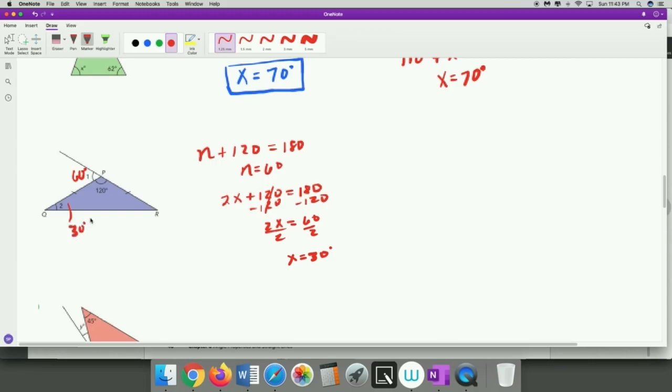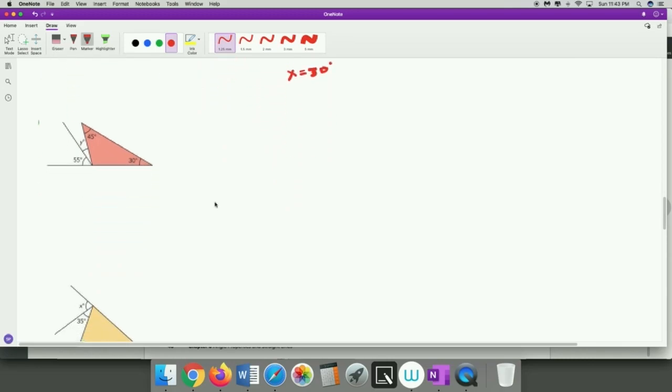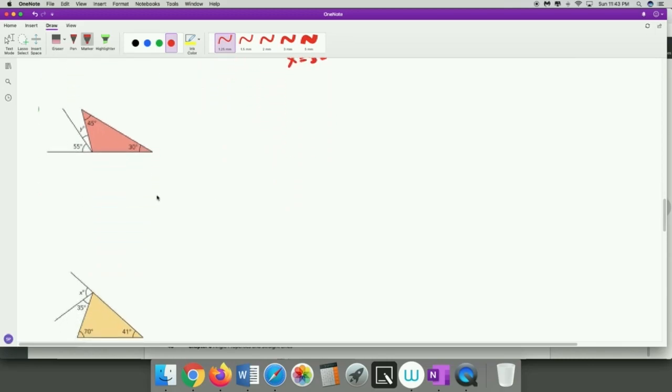All right, a couple more. For this one, there are a couple of ways we can do it, but what I want you to recognize is, for a moment, let's pretend that line isn't there. Just pretend none of it's there. There's just this angle, and this is considered an exterior angle.